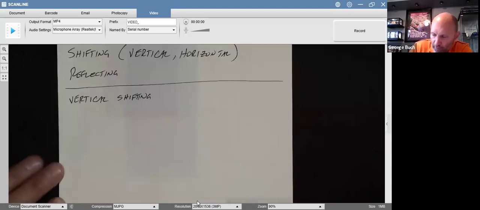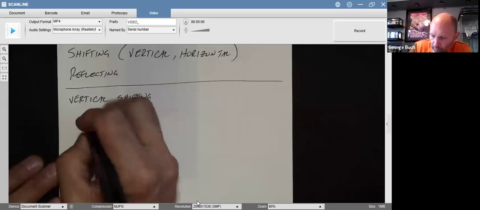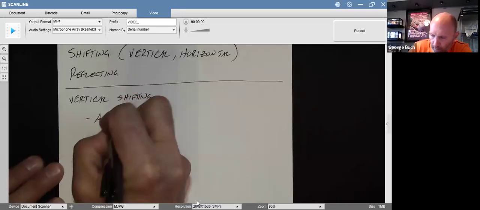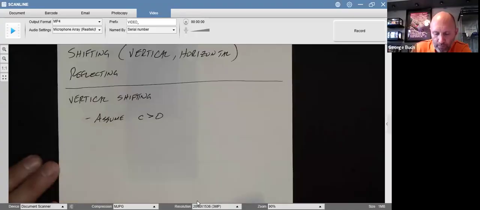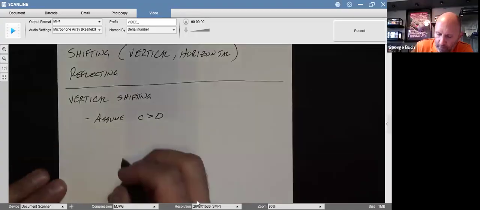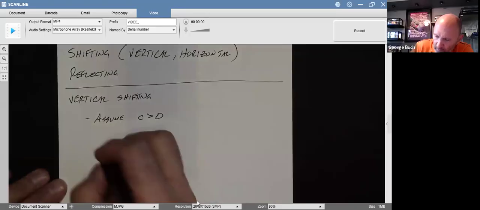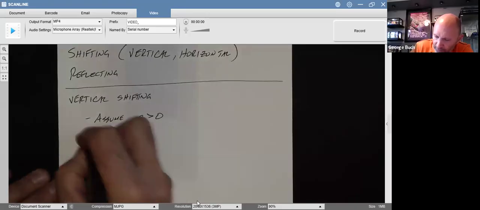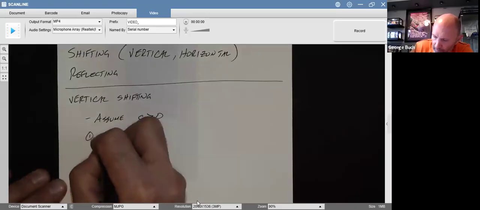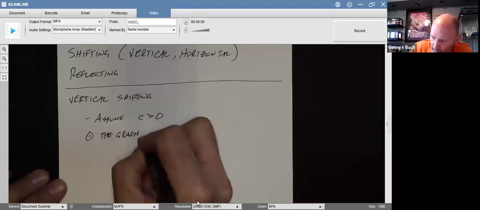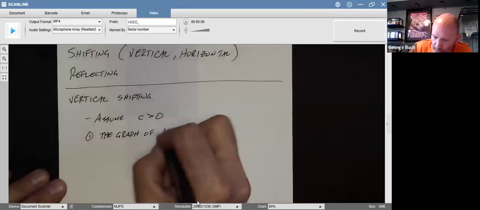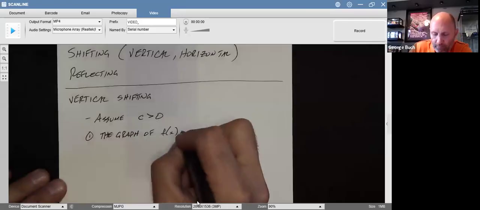So what we have is, assume that we have some constant c that is greater than 0. Then we have the graph of f of x plus c.